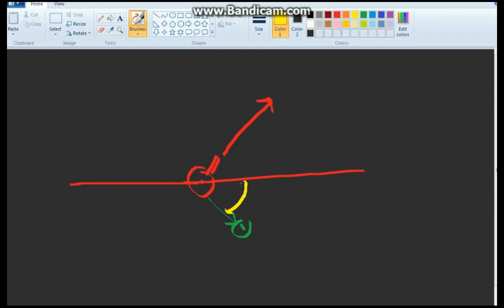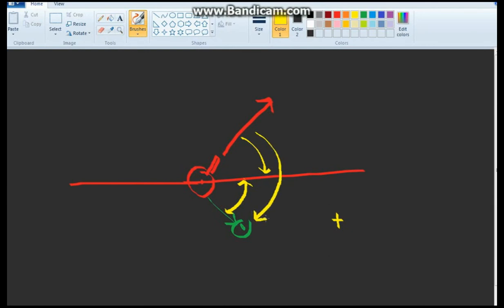Here's the facing direction and the target. You get the idea, right? So instead, take the angle difference from here to the center line and add it to this angle from here to here.